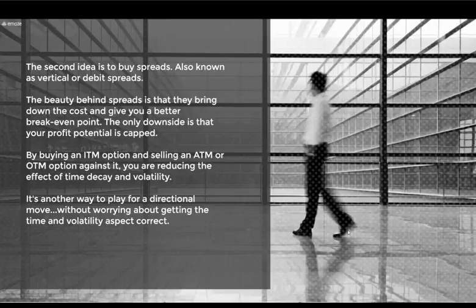By buying an in-the-money option and selling an at-the-money or out-of-the-money option against it, you are reducing the effect of time decay and volatility. It's another way to play for a directional move without worrying about getting the time and volatility aspect correct.